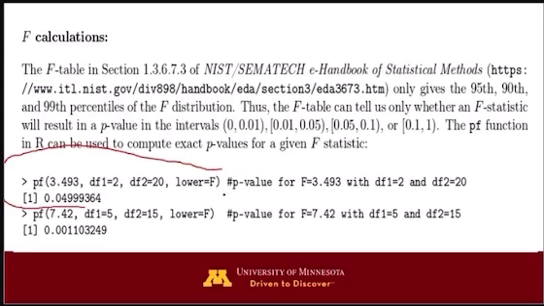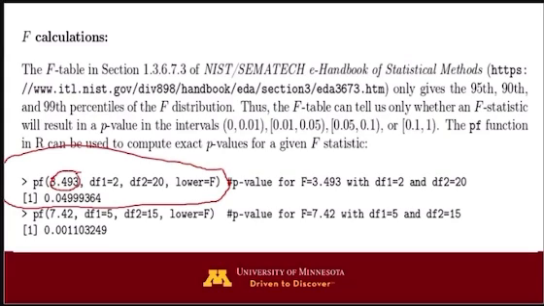For the ANOVA test, the p-value is pf, not pt, not pnorm. What will be the first value? The first value you're seeing will be the value that you got from the F ratio. The one you get from the table is this guy here.